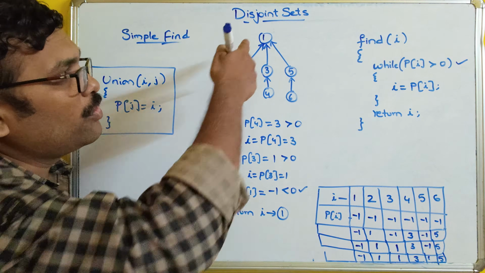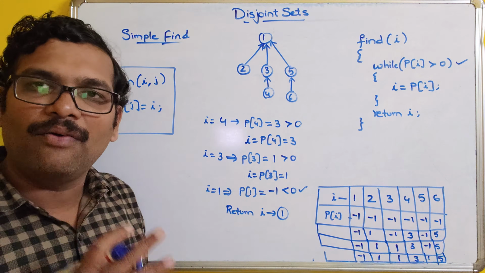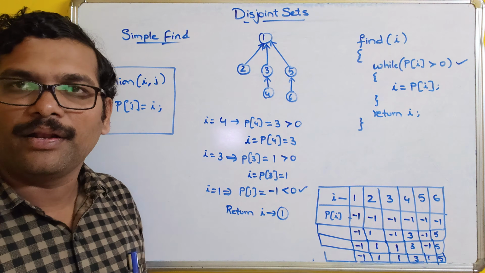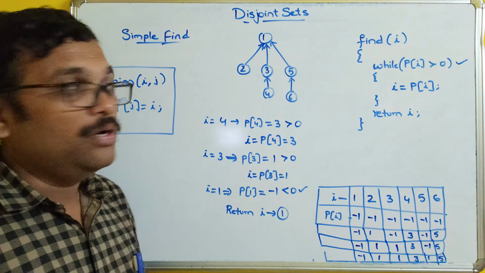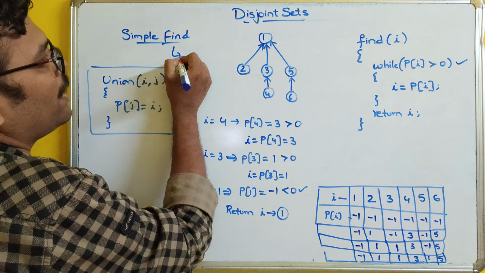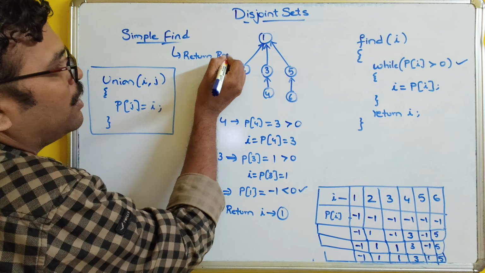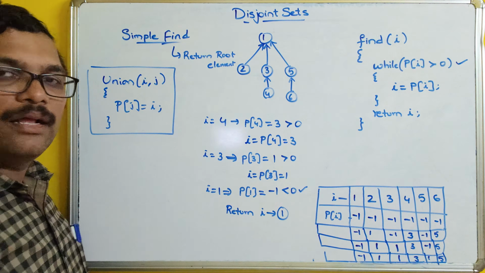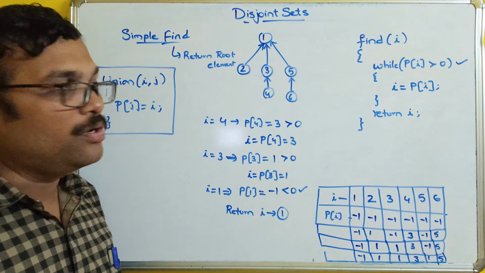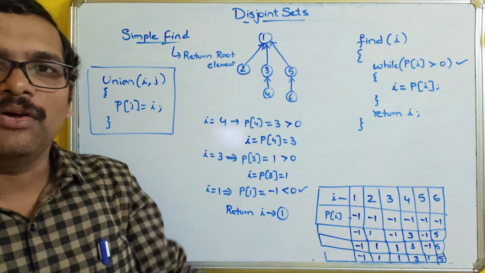If you got that root node, that implies the value is available in our set of elements. This particular find will return the root element. So this is the simple logic for applying the find operation.